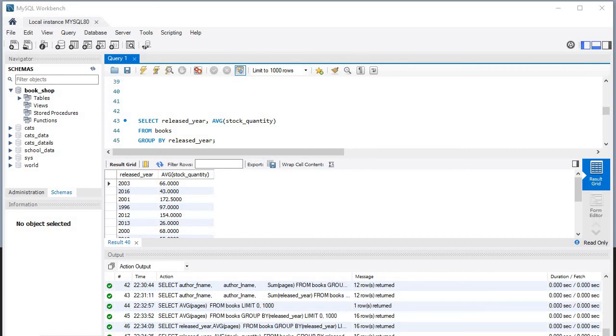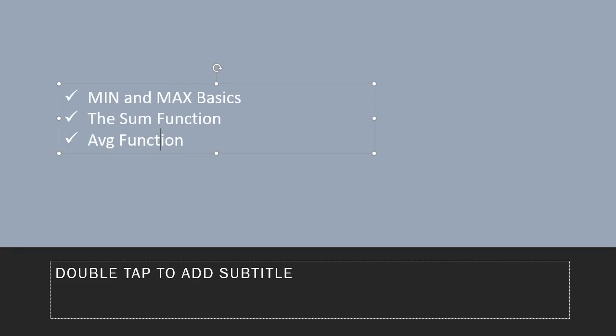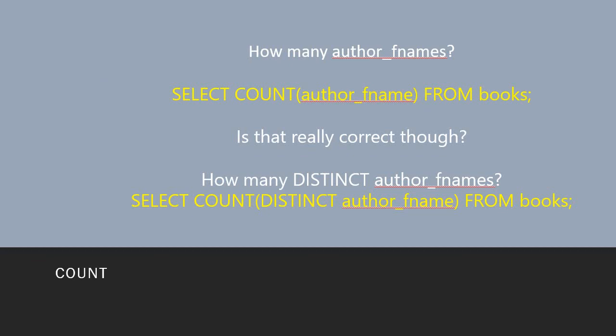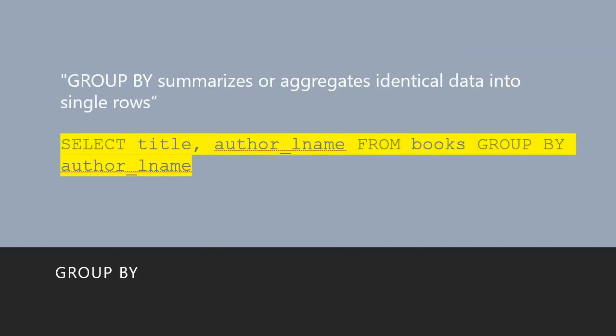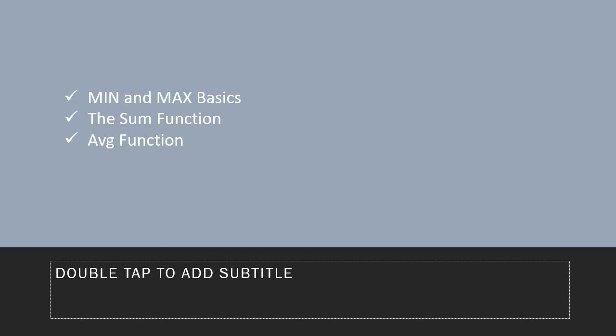And you can have more examples, so don't worry if you have big numbers of data. You can use these aggregate functions that we have learned, like count, distinct count, group by, average, minimum, maximum, and sum functions.